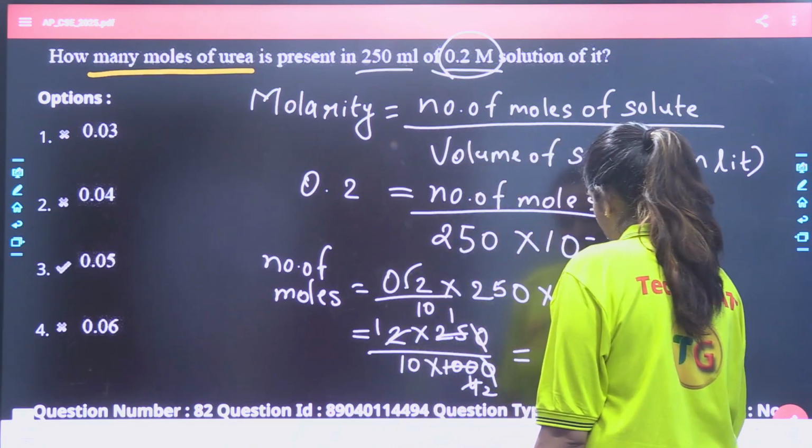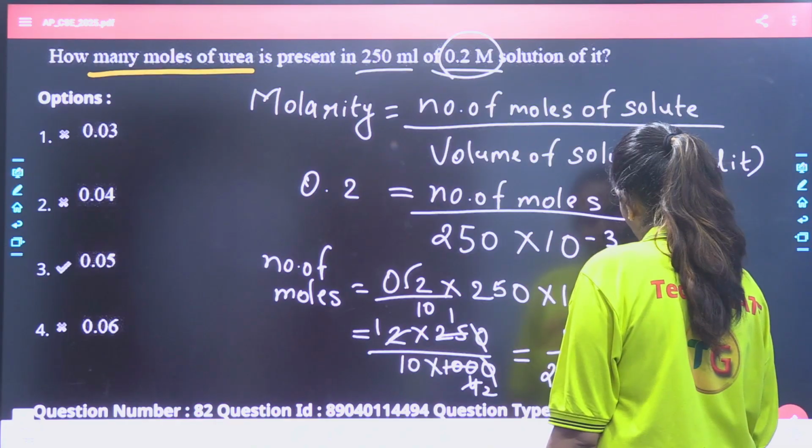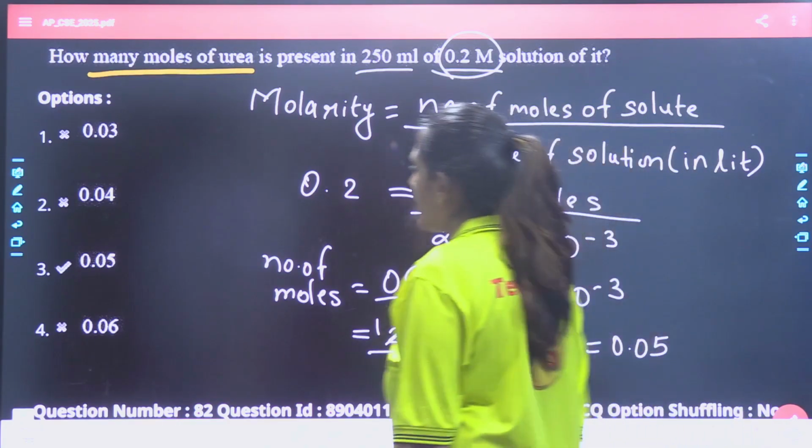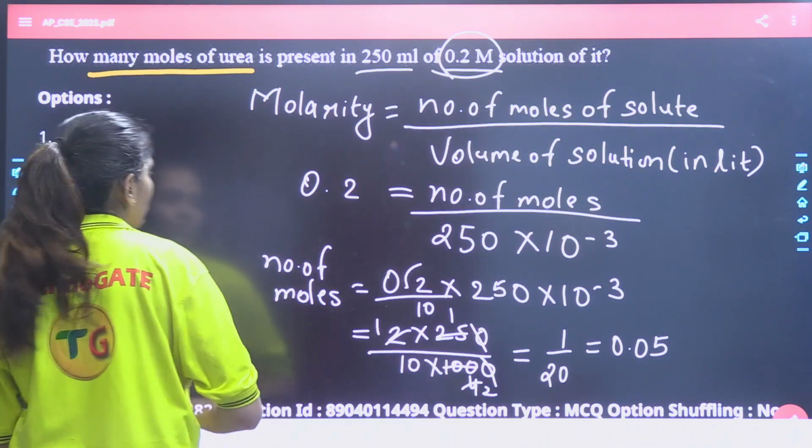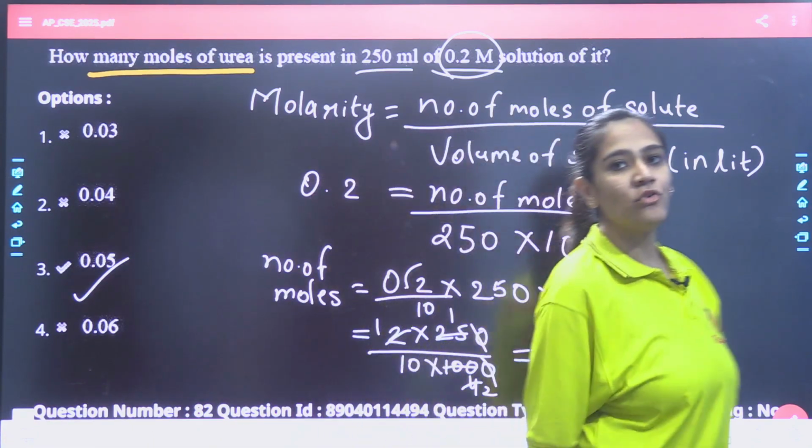One by 20, or it would come out to be 0.05. Okay, so this is our number of moles.